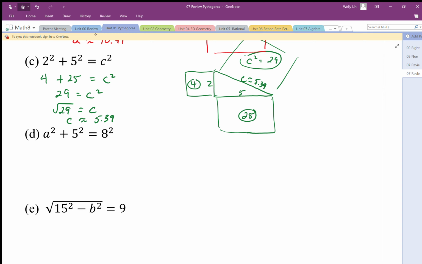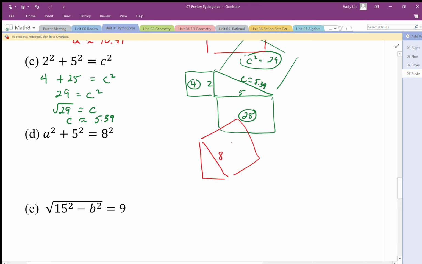For this one, again, a squared plus b squared equals c squared. The c squared, or the 64, represents the largest area from the hypotenuse. The other side is going to be 5, so 5 squared is going to be my 25 here. So I end up with a squared plus 25 equals 64.